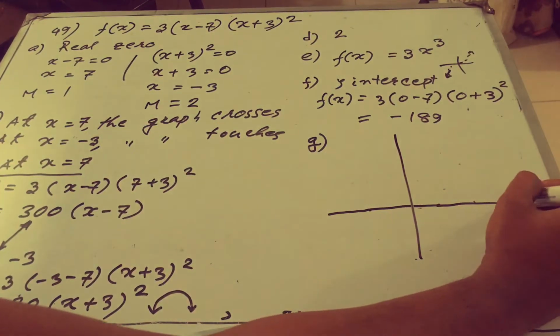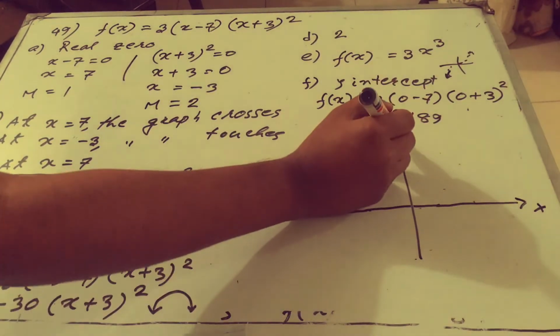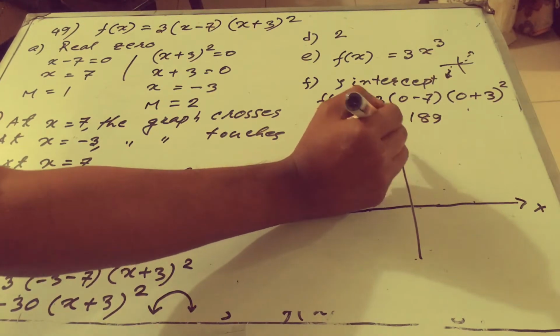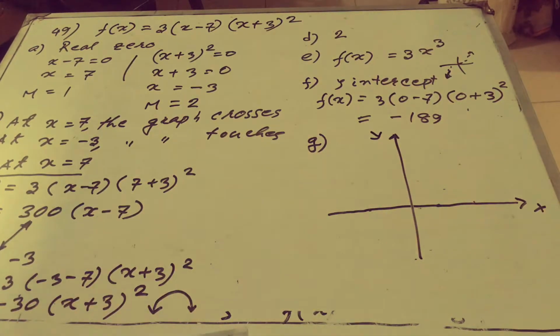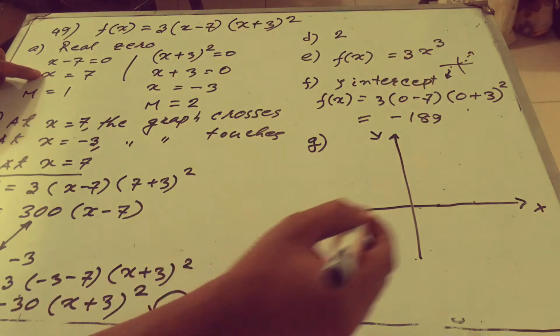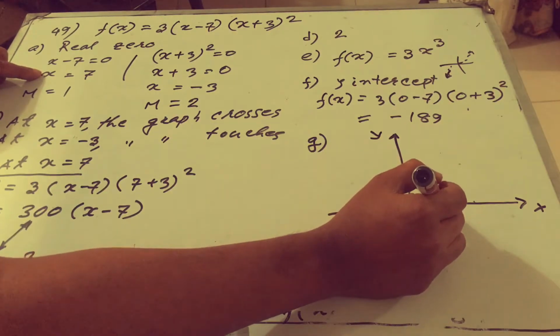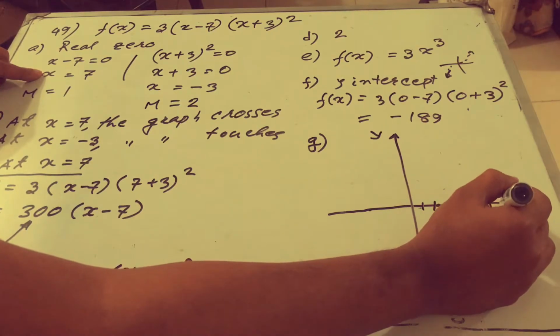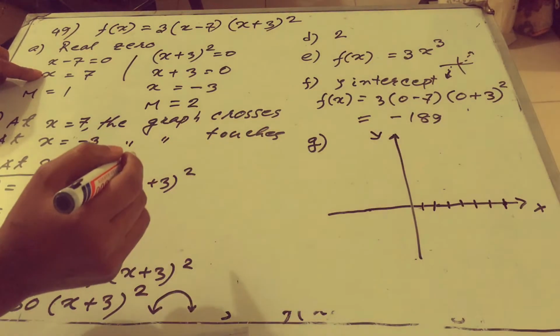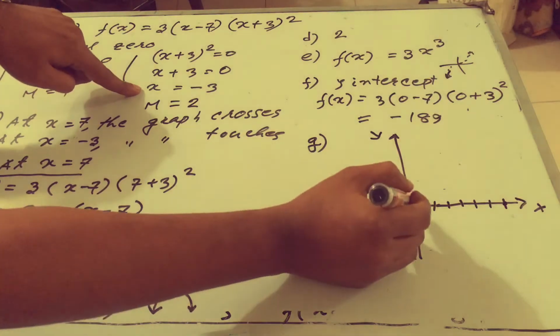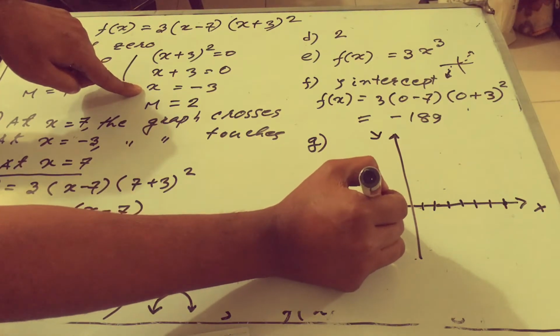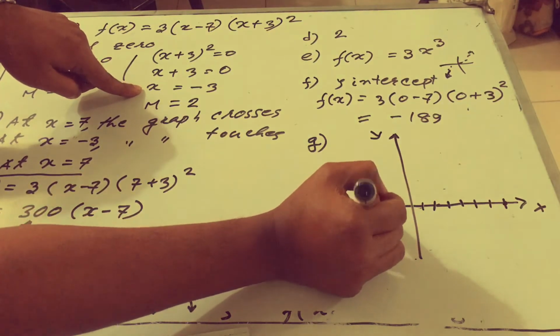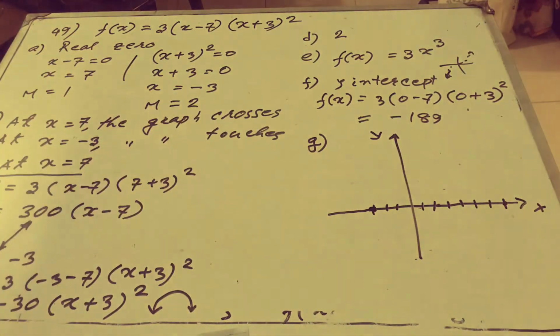So basically this is our x-axis, this is our y-axis. Now we have to go to x equals to 7. So x equals to 7 means, let's say 1 2 3 4 5 6 7. So 7 is here. Then we have to go to x equals to minus 3. So minus 3 is 1 2 3. This is our minus 3, this is our 7.